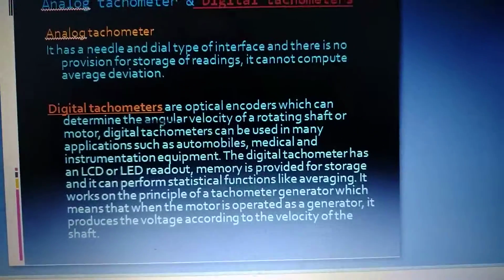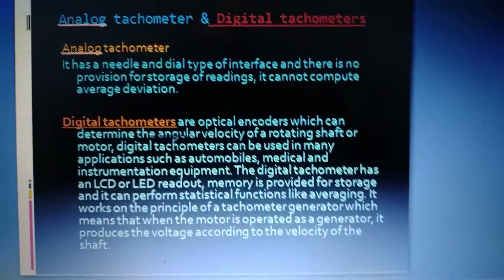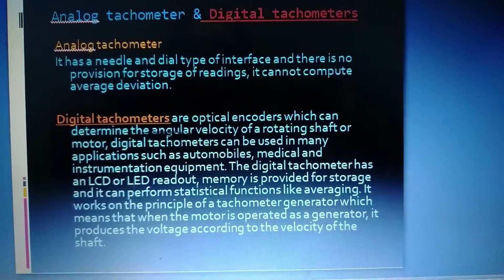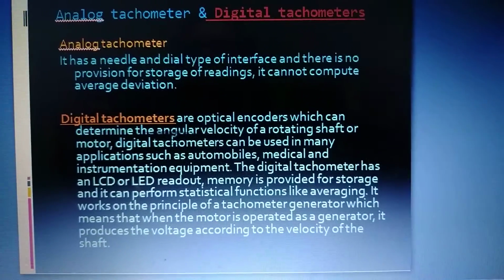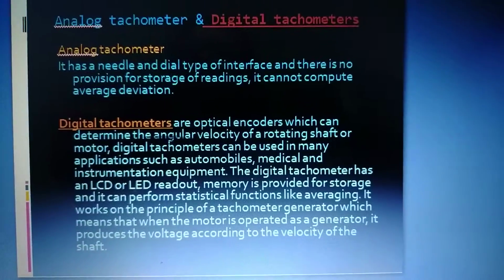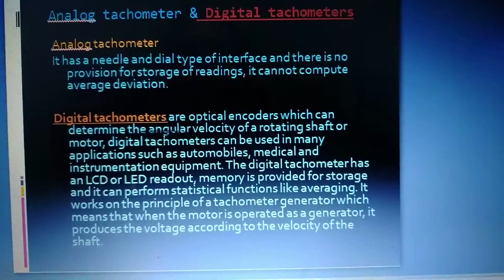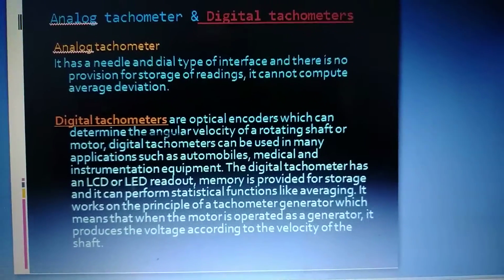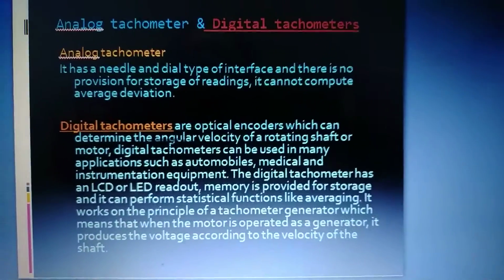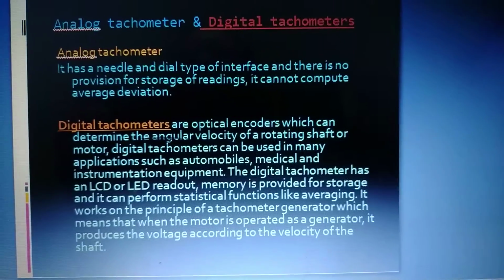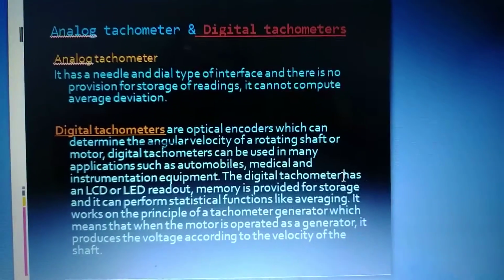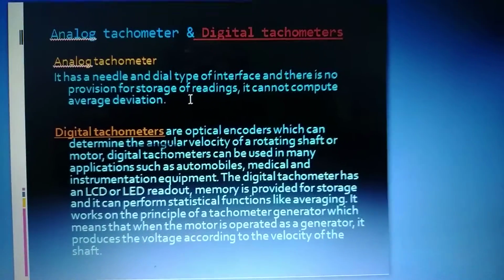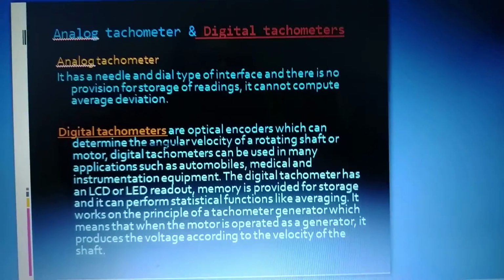Digital tachometers use optical encoders which can determine the angular velocity of a rotating shaft or a motor. The values are displayed using LCD or LED. The speed of rotation in RPM is displayed on an LED or LCD, whereas in analog tachometers the pointer or dial scale gives a continuous scale.